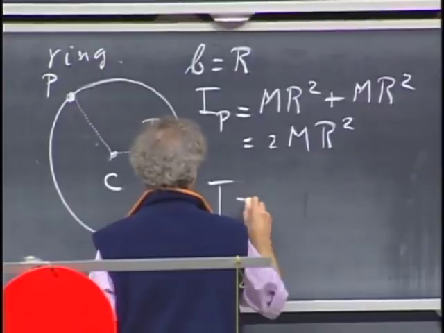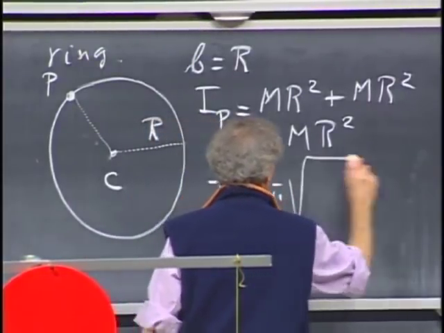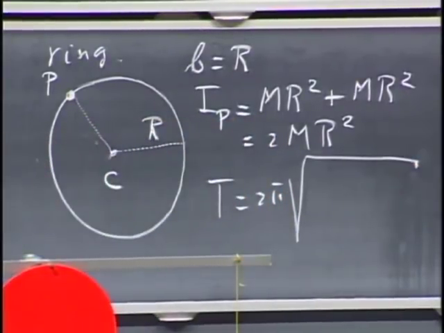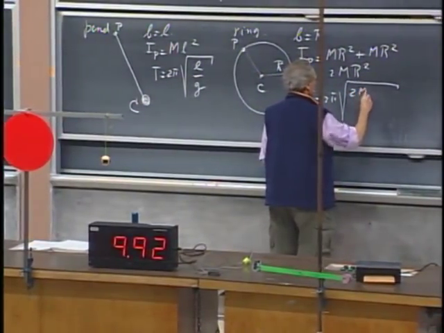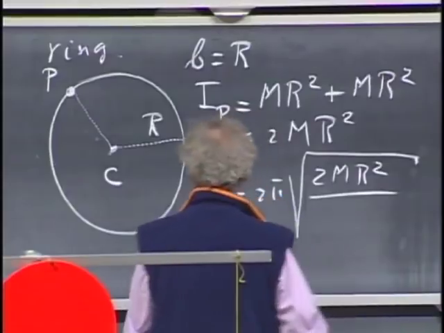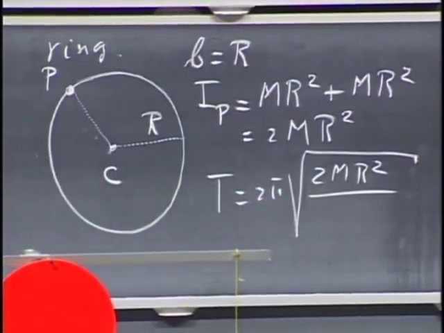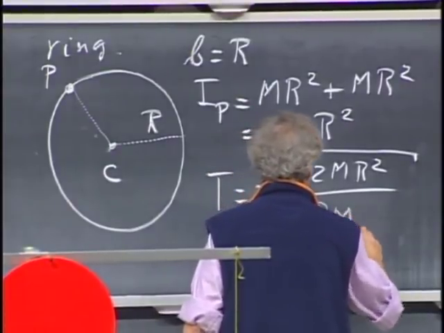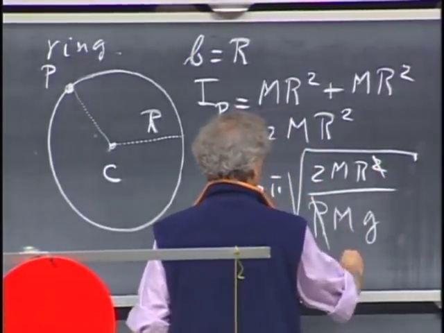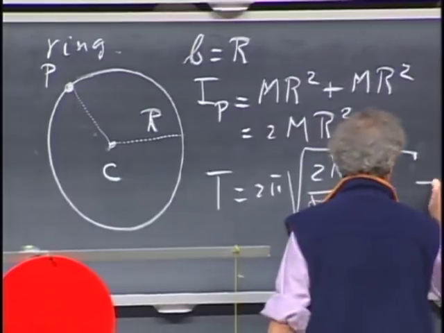So what is the period of an oscillation? I_P, that is 2mr squared, divided by bmg. b is r, so rmg. I lose one r, I lose an m, and we have seen this before.